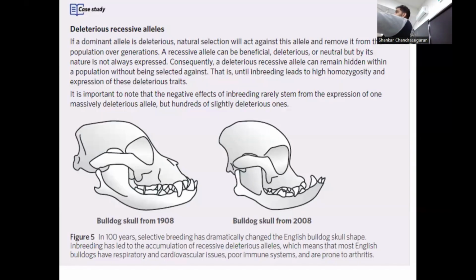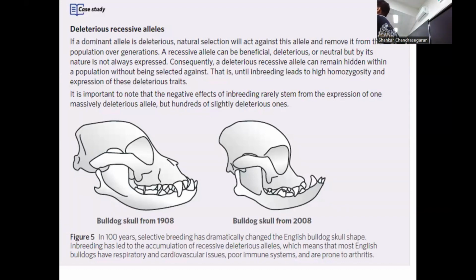So let's look at this one. If a dominant allele is deleterious, of course, natural selection will select against it and remove it from the population over generations. Basically, if that deleterious allele is going to be expressed every time, over time natural selection will select against it and it will disappear from the population.